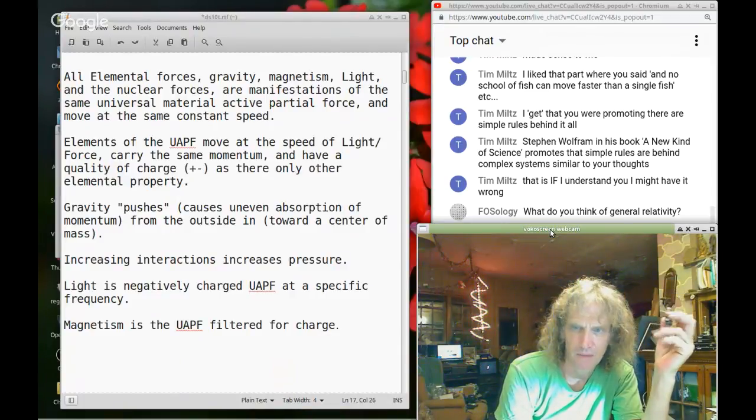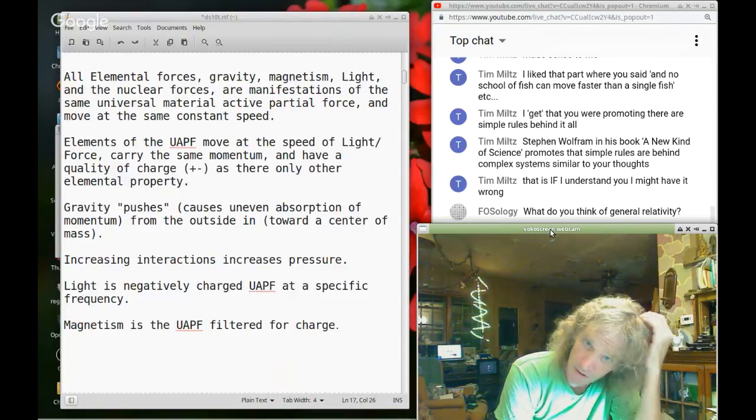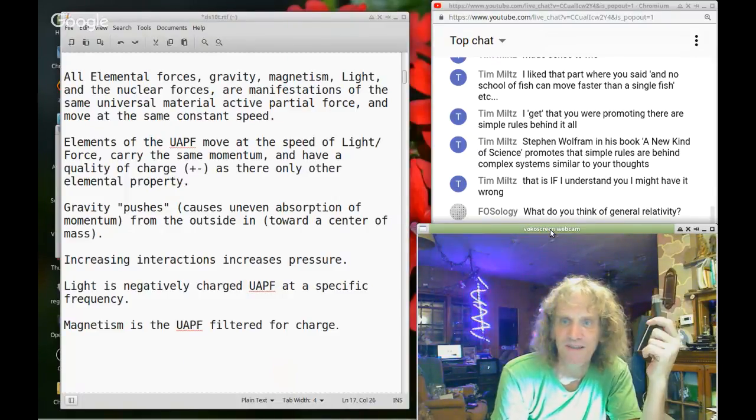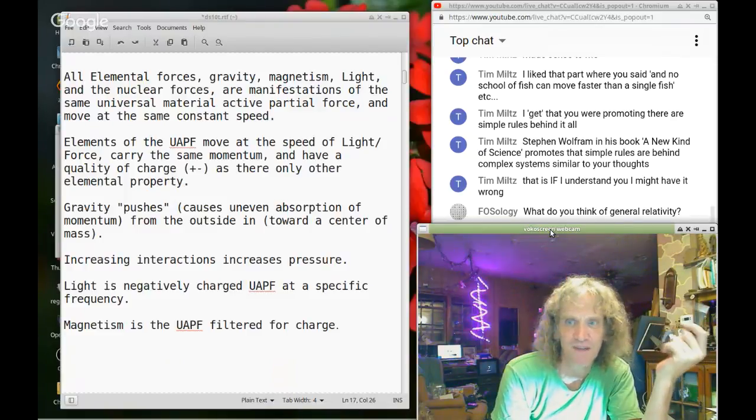Stephen Wolfram, who I hate, in his book, A New Kind of Science, promotes that simple rules are behind complex systems similar to your thoughts. He's silly. He's one of these silly people who think the simple rule is there's 49 fields running the universe. How is that simple? Everything has its own field.